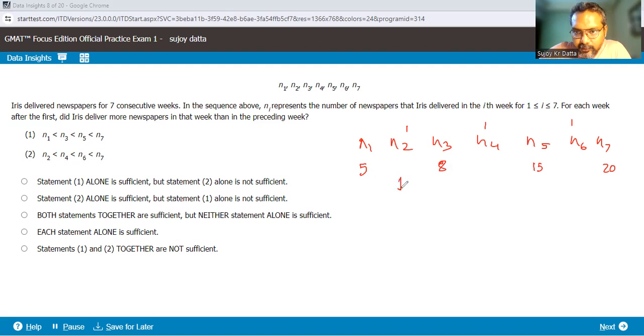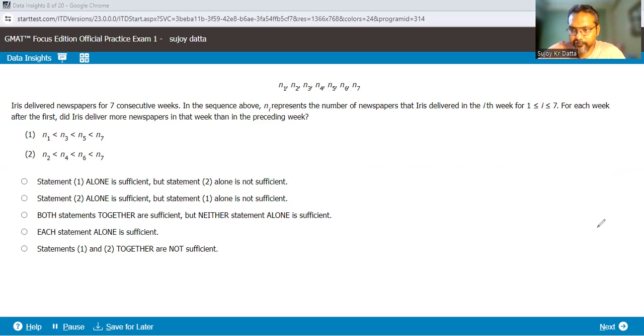So N2 could be 1, and then N4 could be 3, and N6 could be 7. 1, 3, 7 satisfies the second, and satisfies the first. Is it true every time? Is N6 bigger than N5? No. Is this bigger than this? Yes. Is this bigger than this? No. So you can't answer from this. So basically E again.